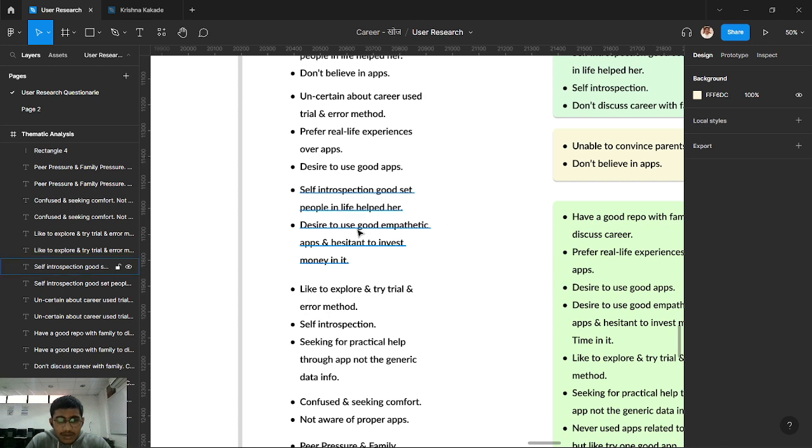Desire to use good empathetic apps and hesitant to invest money in it. Like to explore and try the trial and error method. Self introspection, seeking practical help.